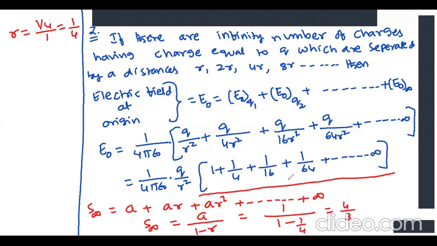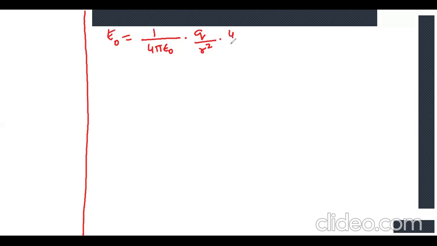So instead of this one, I'll substitute 4 by 3. That is electric field at origin, it is 1 by 4 pi epsilon naught q by r square into 4 by 3. Don't cancel this 1 by 4 pi epsilon naught, because directly I can write 9 into 10 power 9.